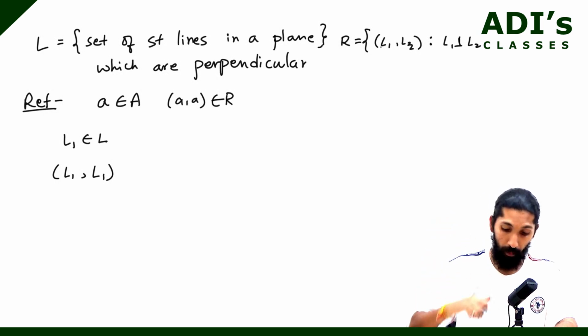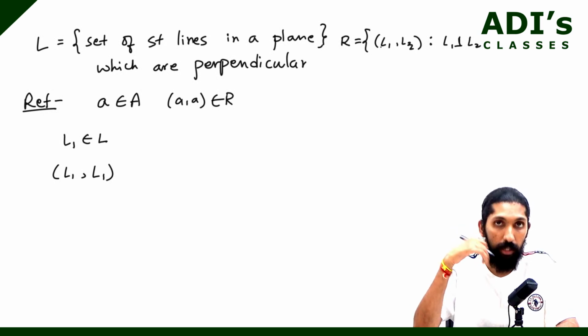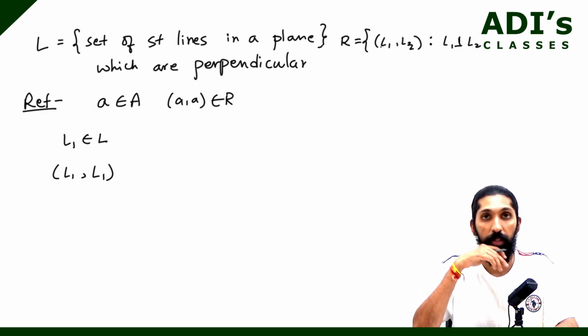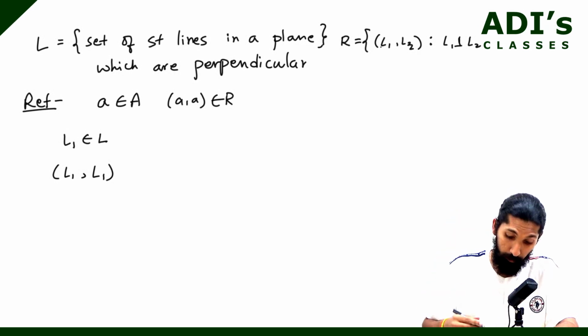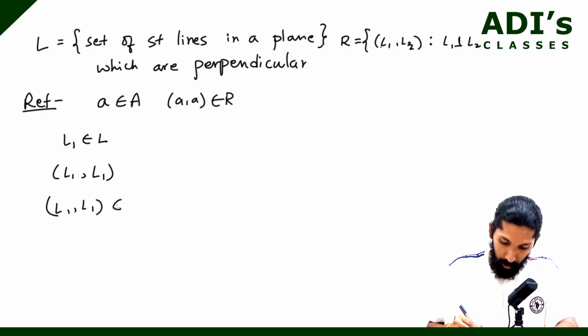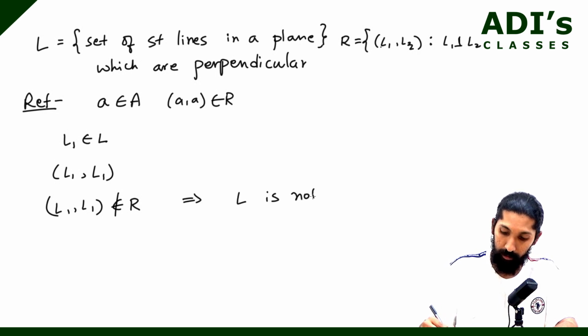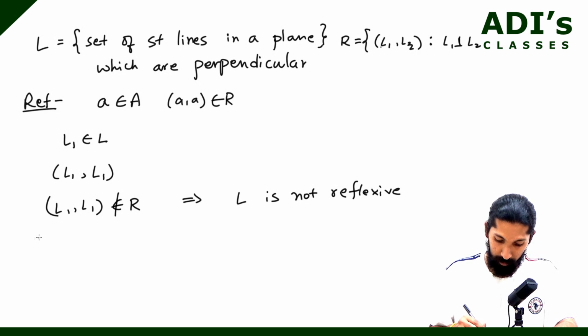So, in this case, when we say (L1, L1), the line cannot be perpendicular to itself. So what we can say is that (L1, L1) does not belong to R. This implies R is not reflexive, correct?